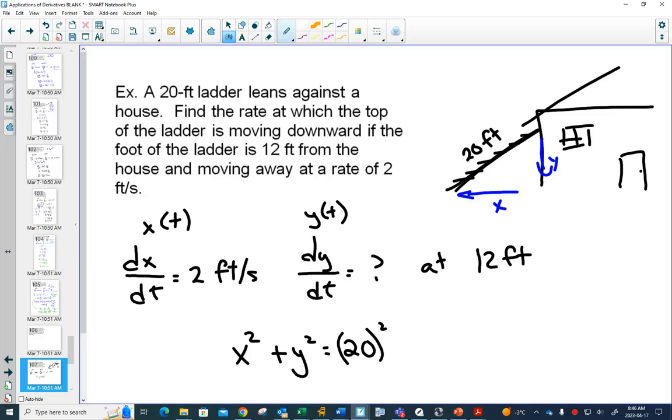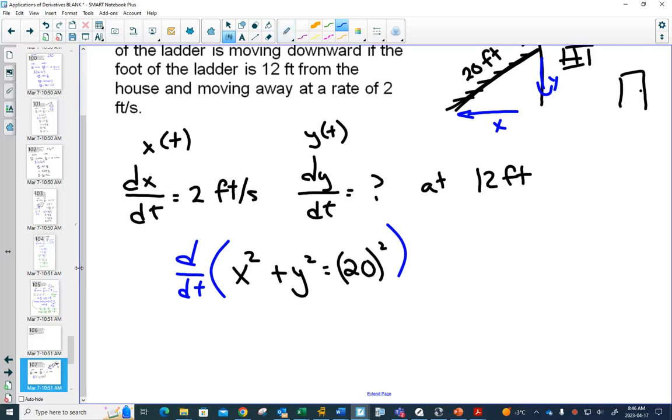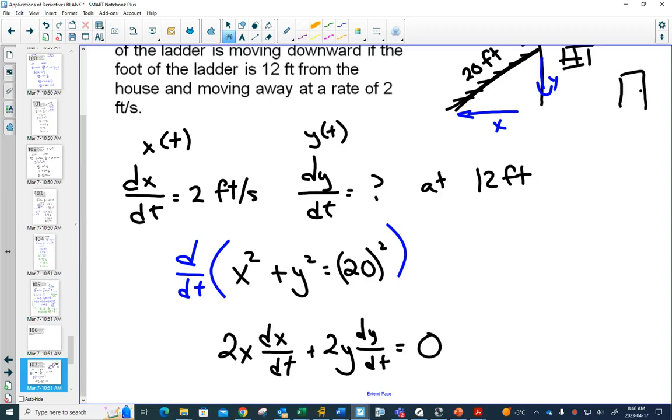Take the derivative with respect to time. Oh, and we would have 2x dx dt plus 2y dy dt. And the derivative of 400 will just be 0 because it's a constant.